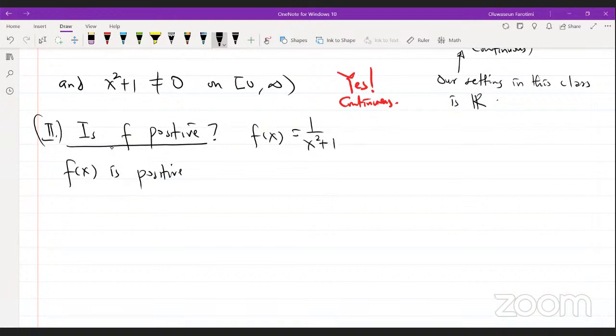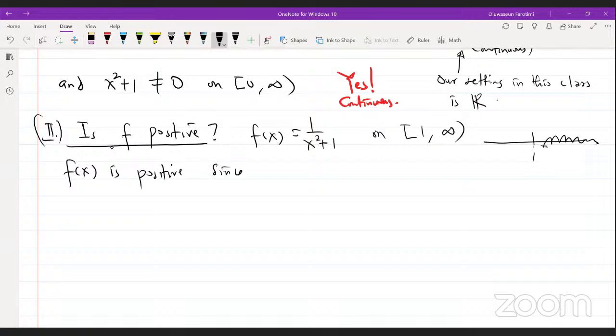Now, what kind of number will this guy produce? Remember that the interval is 1 comma infinity. Pick any number. Think about the number line, right? This is 1. You're picking any number here. Plug it here. It would always be positive.